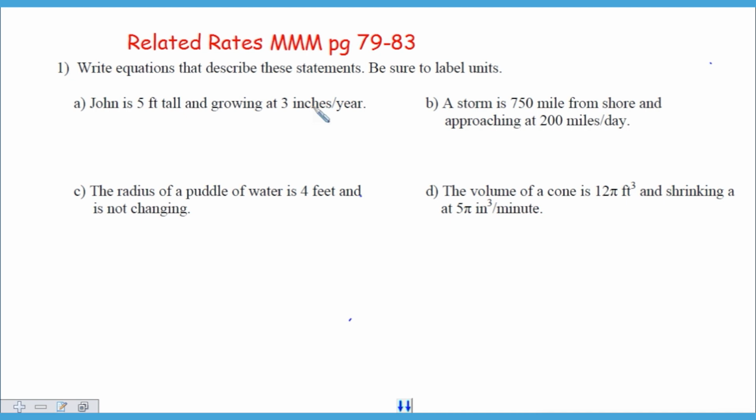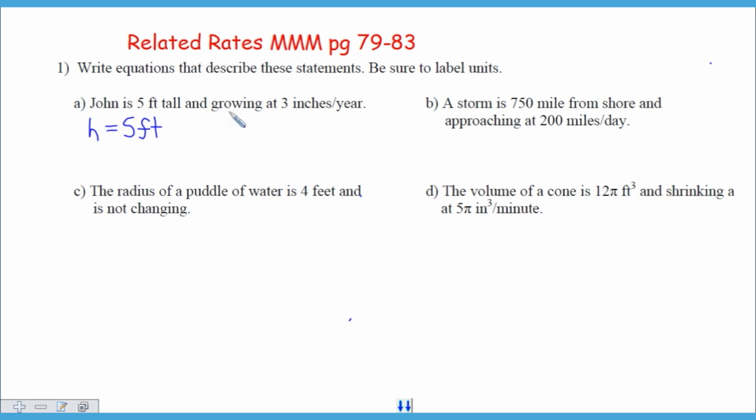It says write equations that describe these statements. So if I said John is 5 feet tall, that would be his height. So I would probably say H is 5 feet because that kind of makes sense. You're going to want to label these things with variables that make sense to you.